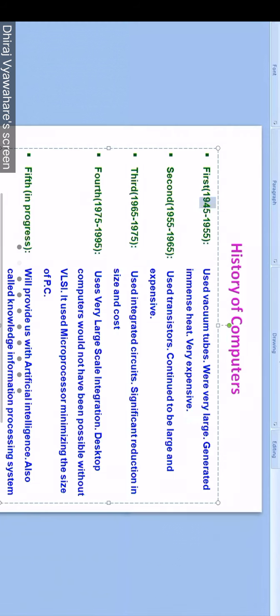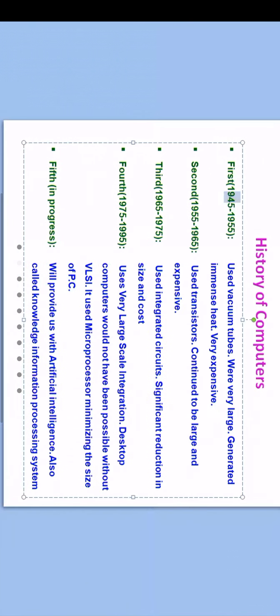To 55. What did it use? It used vacuum tubes. They were very large. It generates immense heat. It's very expensive. And its language was zeros and one. It understands only the language of zero and one.